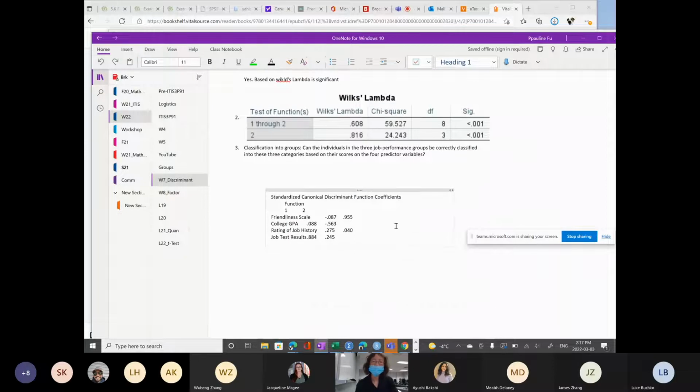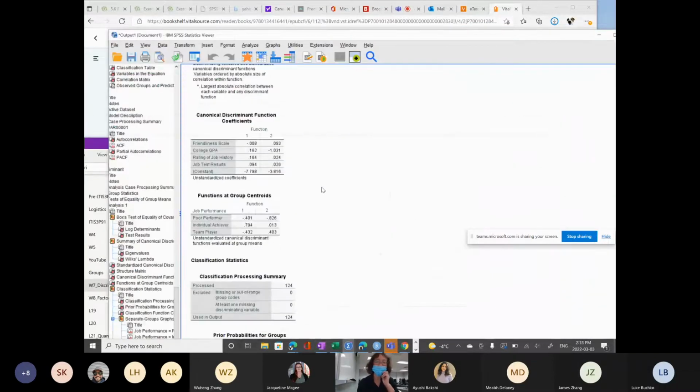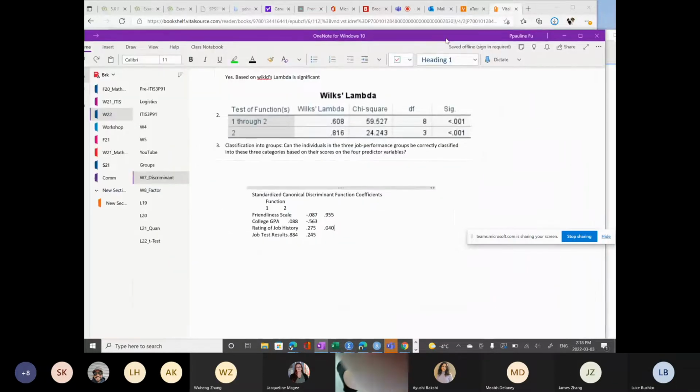Okay, that's fine. So you have the original output here. How do I write down my discriminant function? I have 2. If you have these coefficients, you can write down the function.